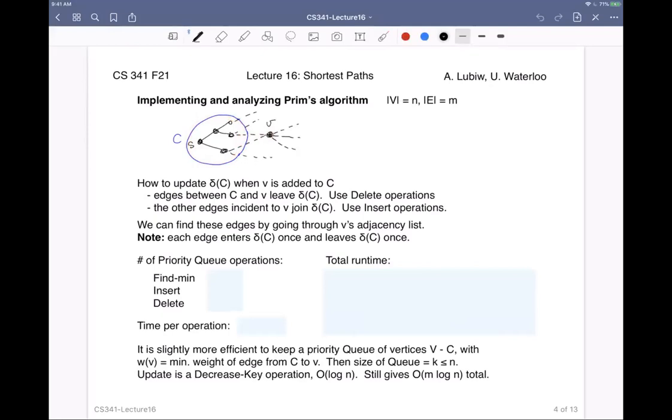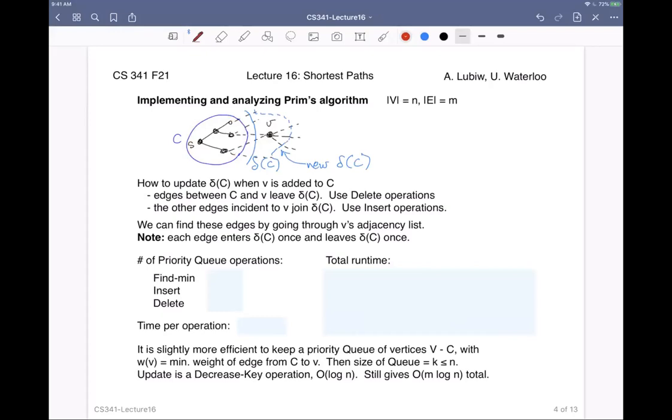The current boundary set is, let me perhaps draw it in blue. This is my current boundary set, the edges leaving the set C. And what I want to update it to is now this set. So this is the new delta of C, because the vertex V joins C.